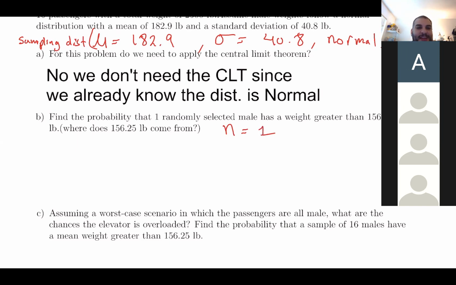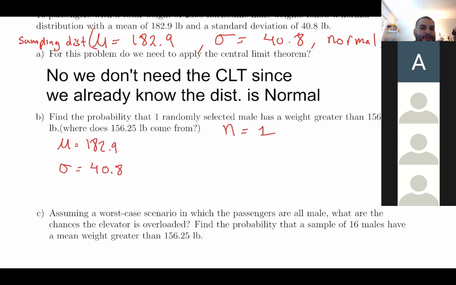So for this one, it's like the problem that we used to do when we had one random selection. When we have one random selection, you're going to use the mean, which is 182.9. Since we only have one random sample, you keep your standard deviation at 40.8.